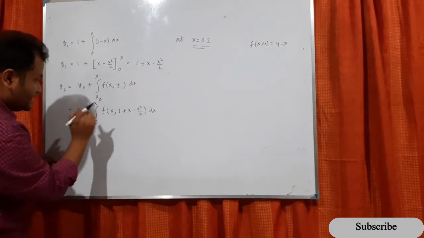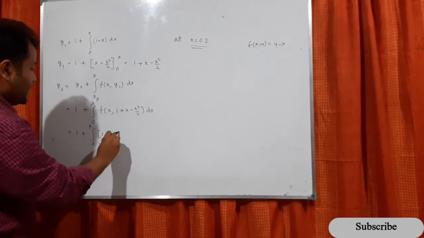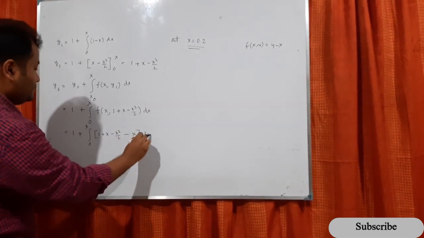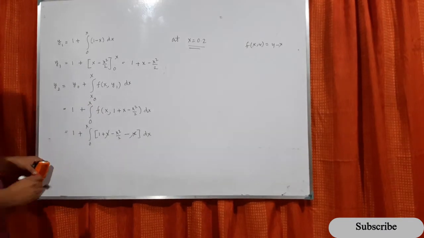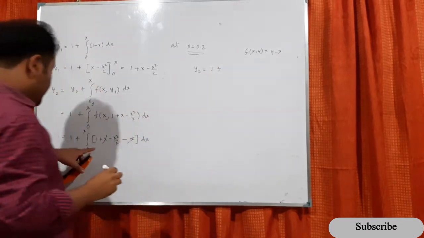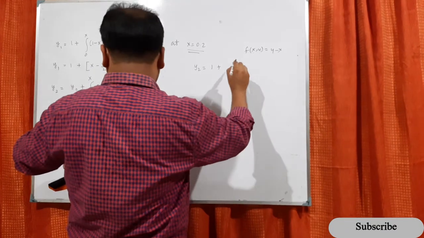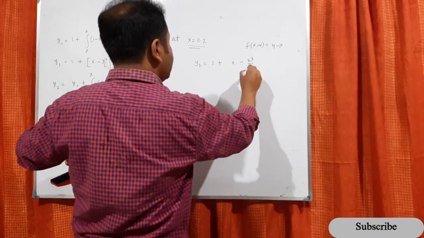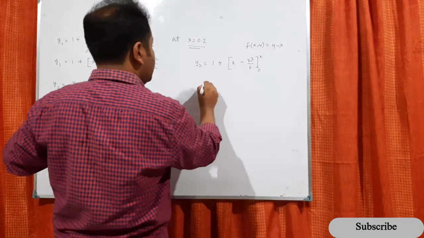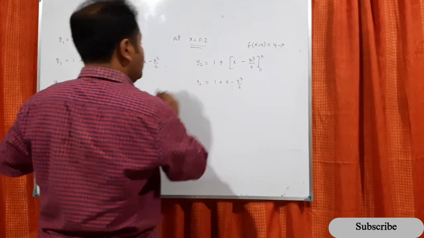So this one minus this one: 0 to x, 1 plus x minus x squared by 2 minus x. If I simplify, I get y2 equals 1 plus the integral of 1 minus x squared by 2, so this is x minus x cubed by 6, from 0 to x. So this is 1 plus x minus x cubed by 6, this is y2.